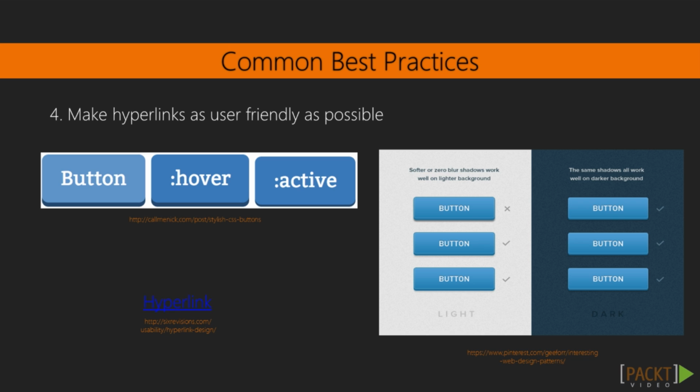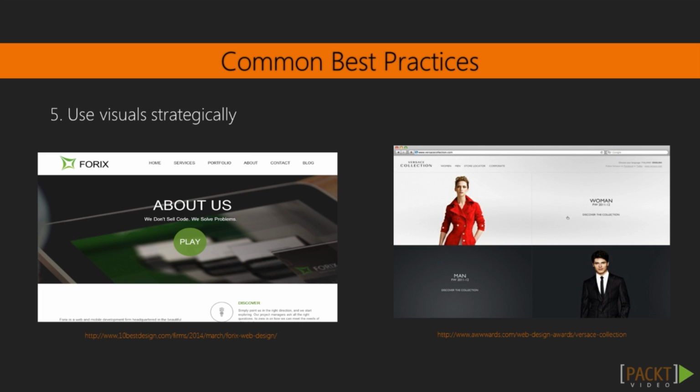Jakob Nielsen, who we discussed earlier, established this standard and made buttons clear and interaction states clear, the unvisited, selected, and visited states. Number 5, use visuals strategically. Visuals should enhance legibility and be supportive to the use of headings and concise content.